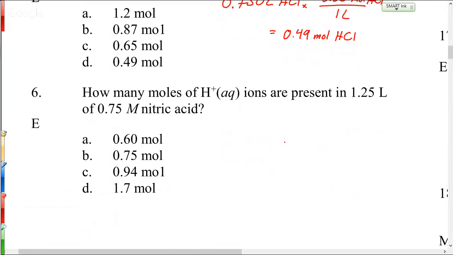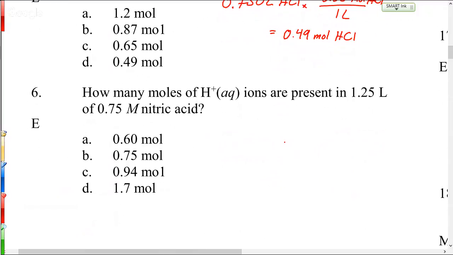So this one, again, same thing. Do you have to know the formula for nitric acid to solve this problem? Probably a good idea. I guess you don't technically need to, but what is the formula for nitric acid? Close. Which ion does nitric acid come from? NO3, nitrate.